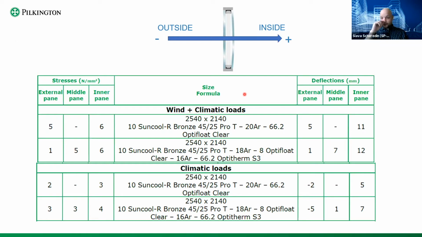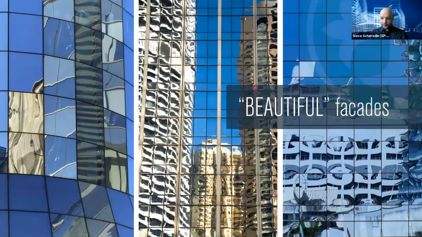Okay, we are basically done talking about design for maximum force, maximum load combinations. And now we will be going to more mundane things, like how to make a facade look good and what you can encounter in the process.